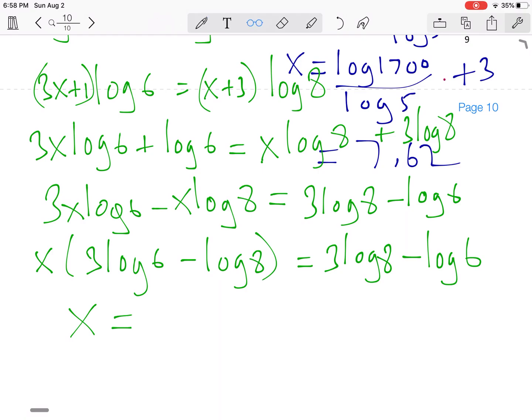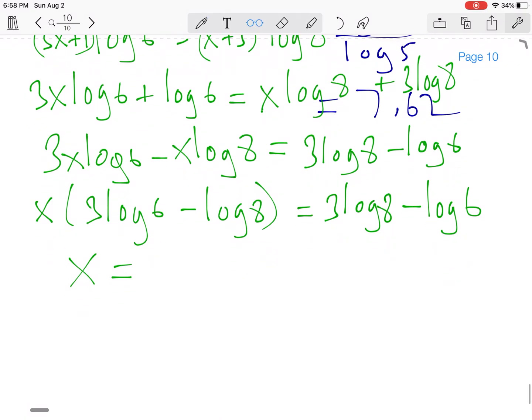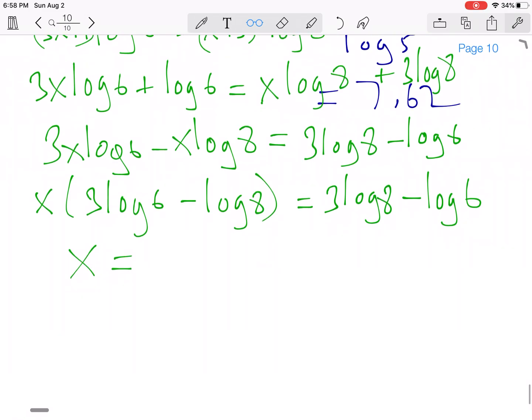So the 3 log of 8 minus the log of 6. So that's a subtraction. Or actually we can leave it like that if you want. So we can just go 3 log, so we can leave it like that, or we can combine these.